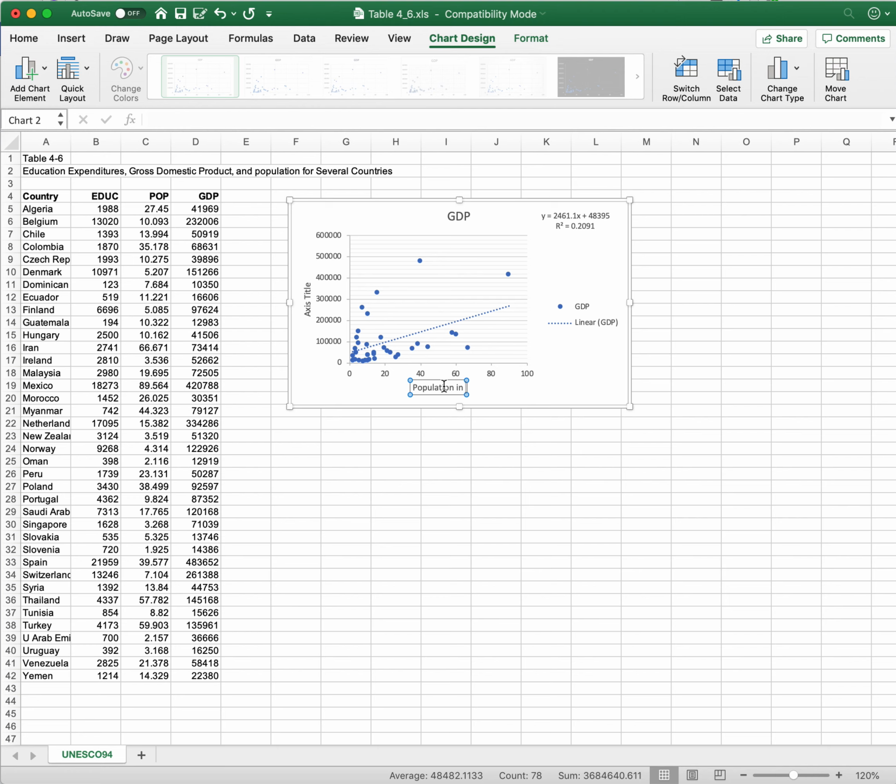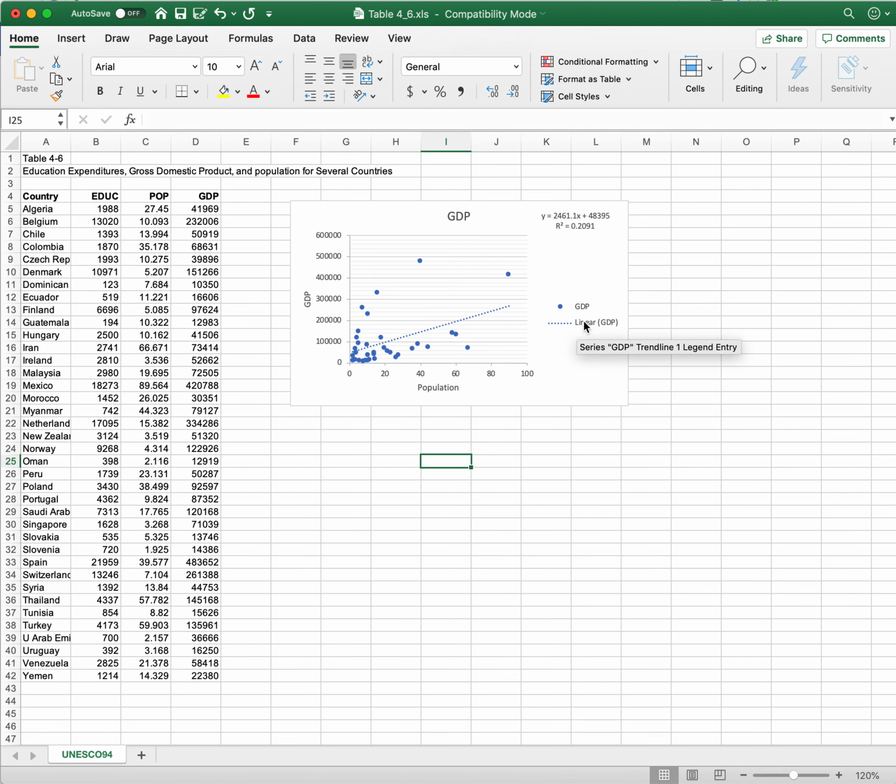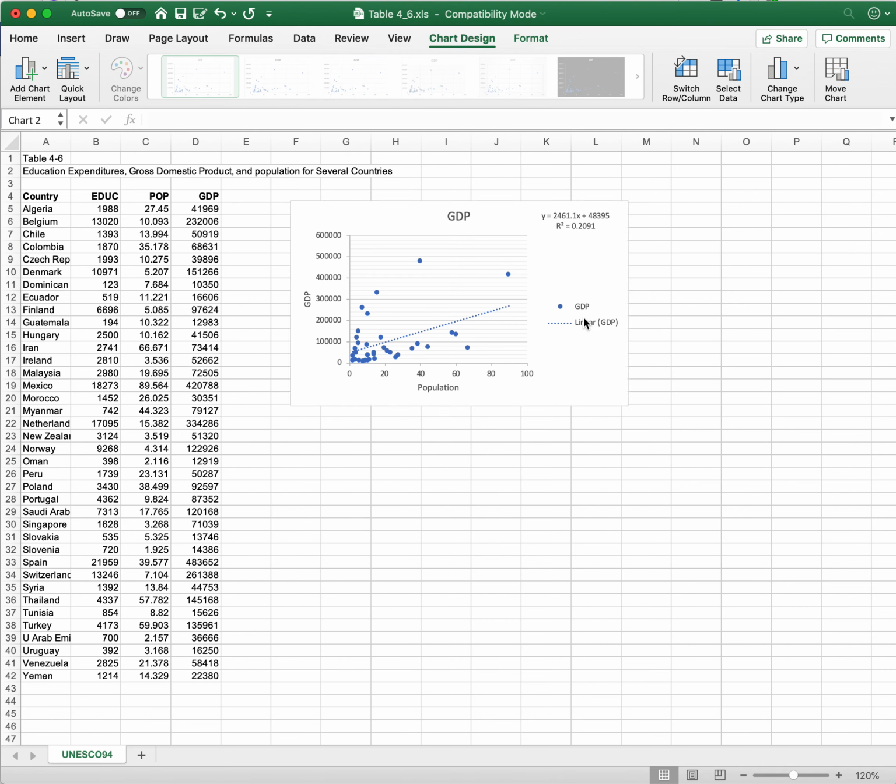Guatemala is probably in millions. I doubt Belgium's population is 232 million. That sounds like a lot. We'll just call it population then. And in the y-axis, we have GDP. I'm going to get rid of that.